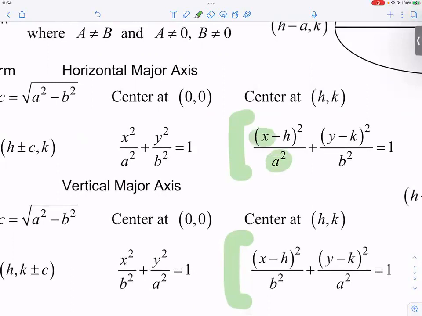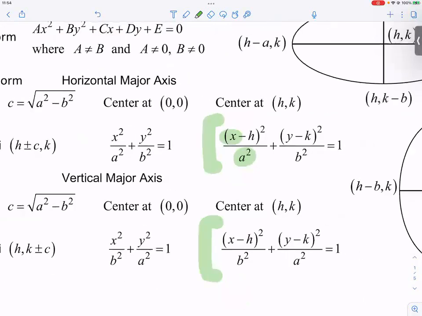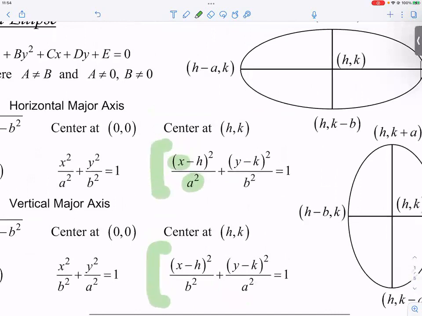If the a is placed underneath the x, by the way, a in this case is a bigger number, because a is the distance from the center to the endpoint on the long major axis.